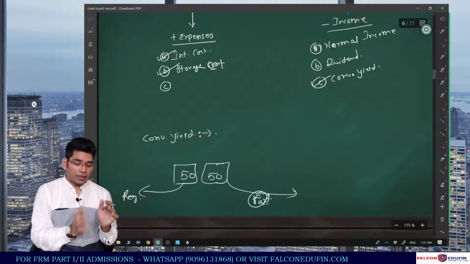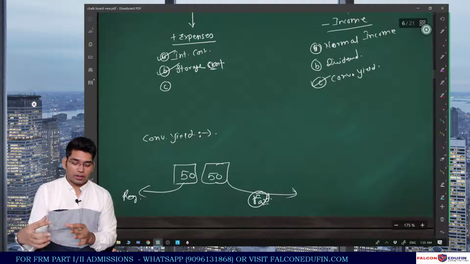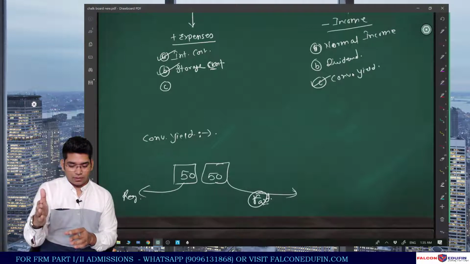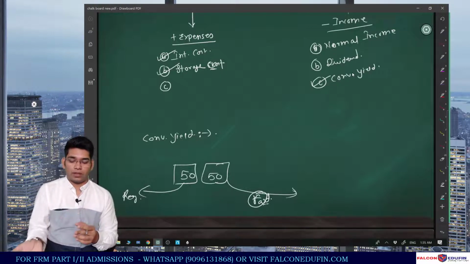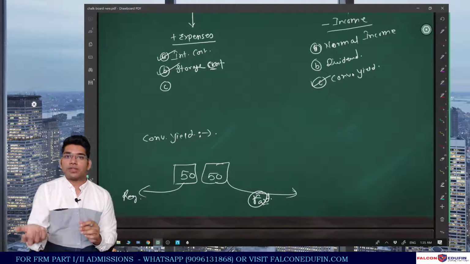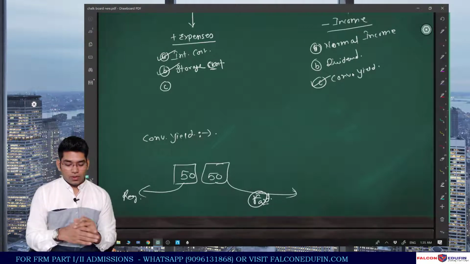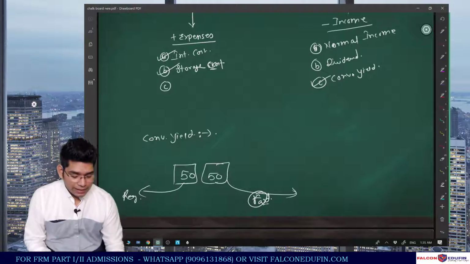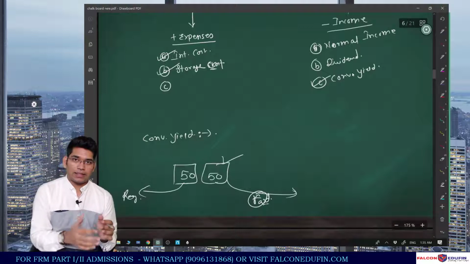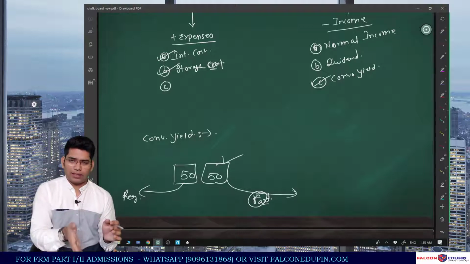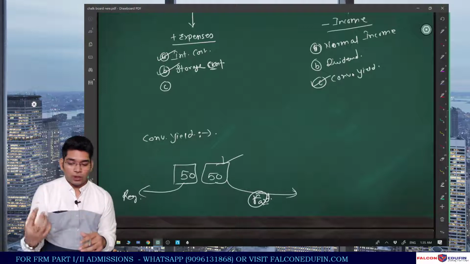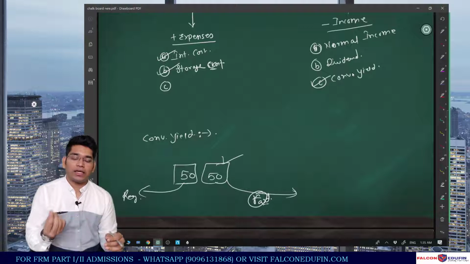So if you are not holding this 50 with you, in your warehouse, you are going to lose that big opportunity. So by not selling these 50 tons in spot, or selling it in forward, you can exploit that opportunity if it comes. So that is the convenience yield.